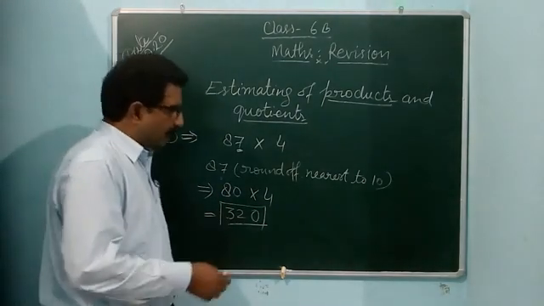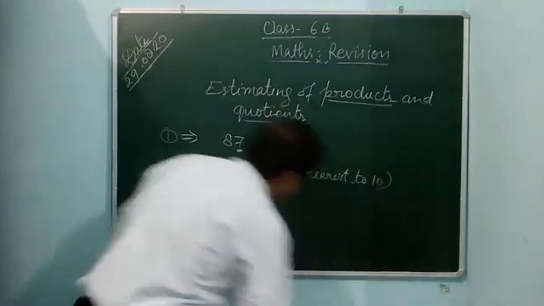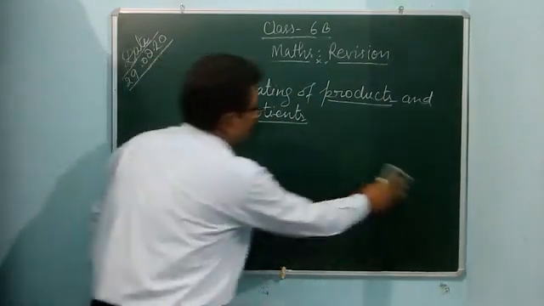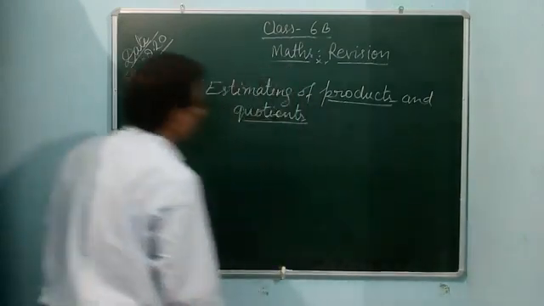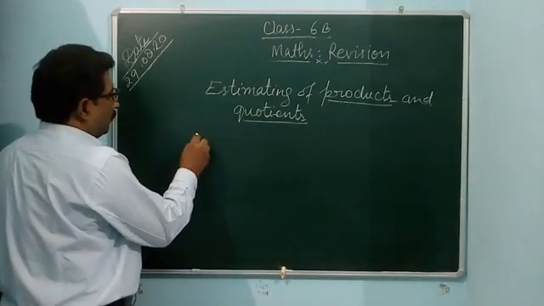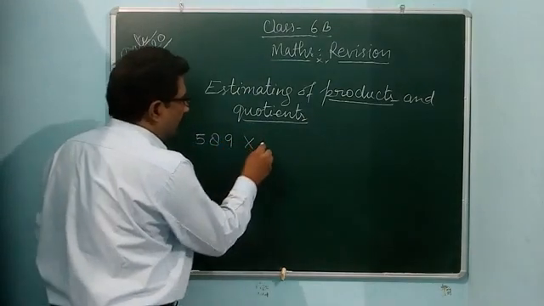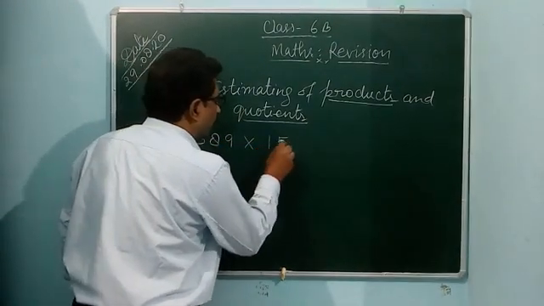See another example. 589 multiplied by 15.